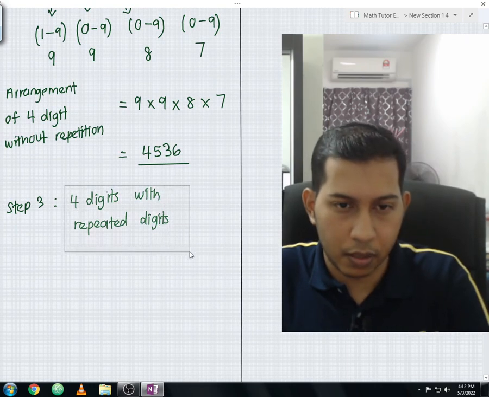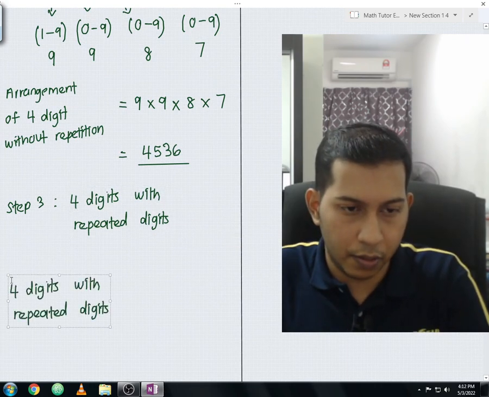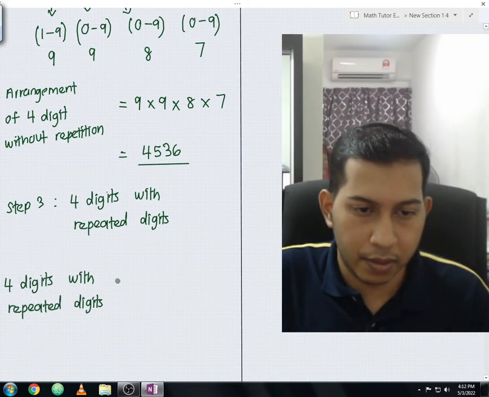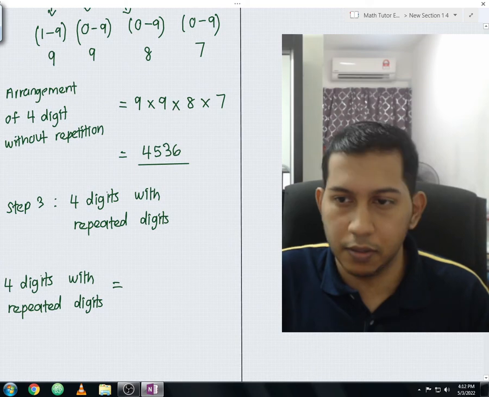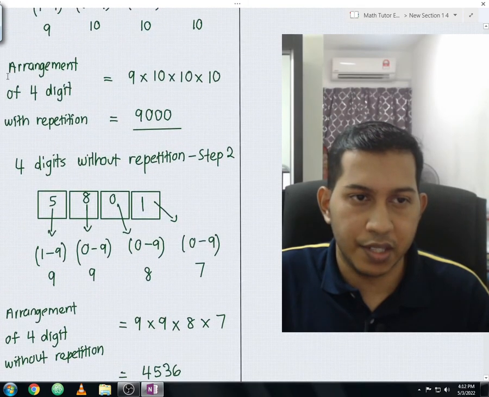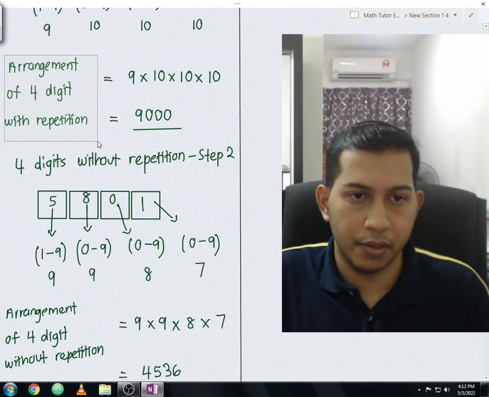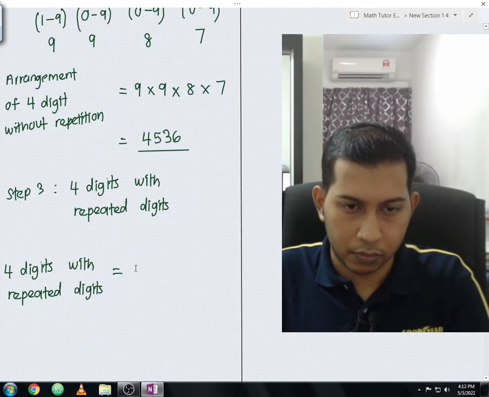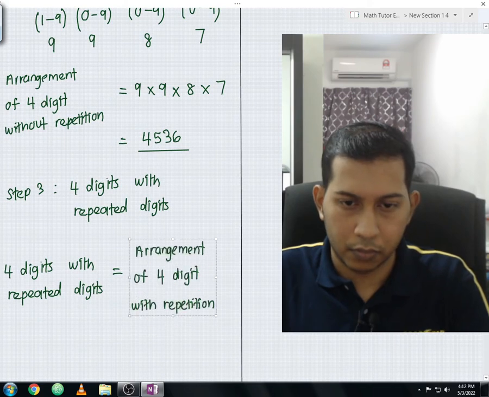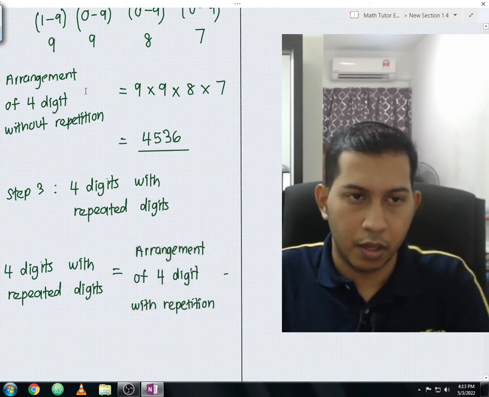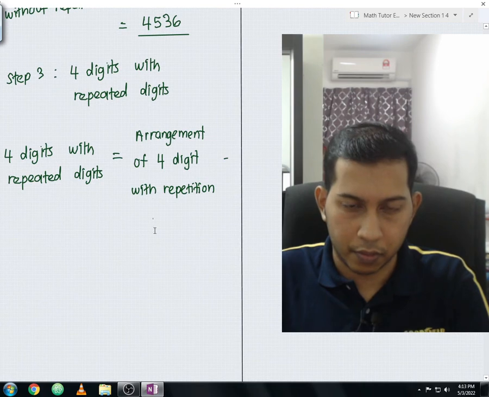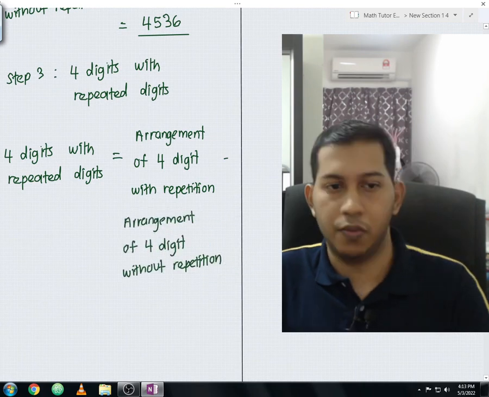Let me just copy paste this. To find the arrangement for 4 digits with repeated digits will be equals to arrangement of 4 digits with repetition minus arrangement of 4 digits without repetition. So this is your working.